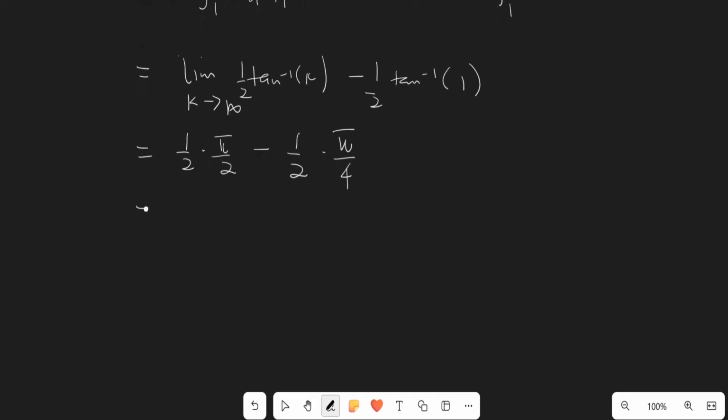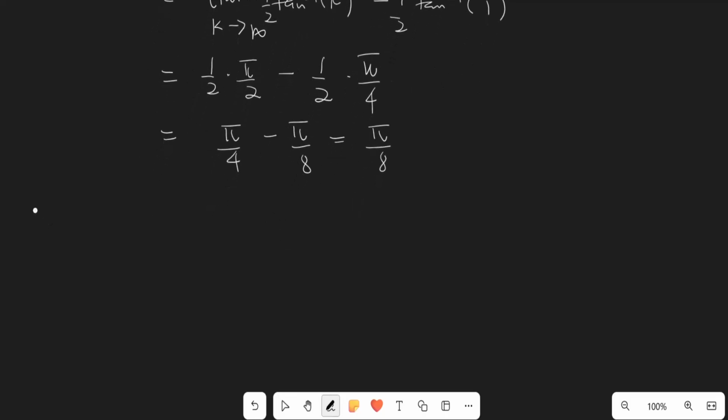So in the end, our integral reduces to pi over 4 minus pi over 8. If we work that out, that is pi over 8. So our integral from 2^(1/4) to infinity of 1 all over x times the square root of x^4 minus 1 dx evaluates to pi over 8 nicely. This is the value of our integral.